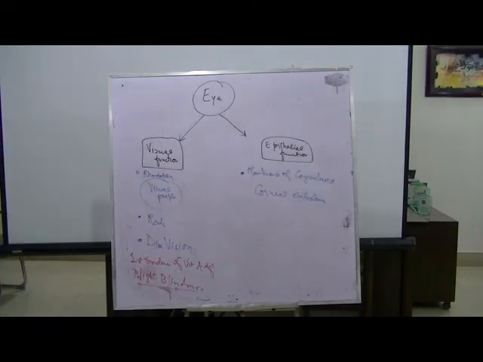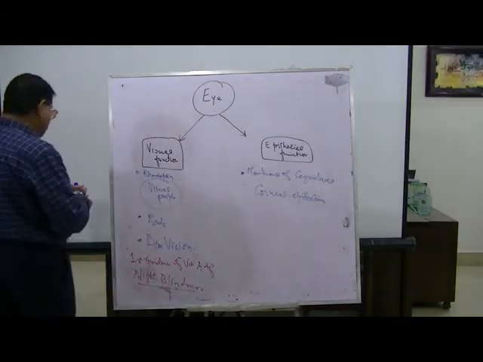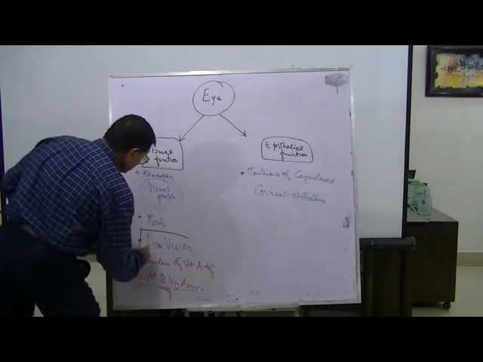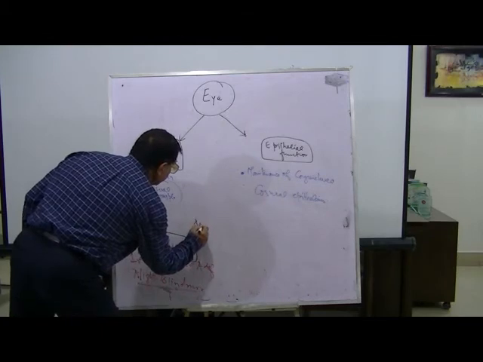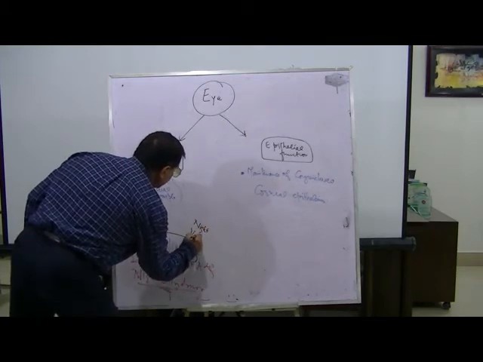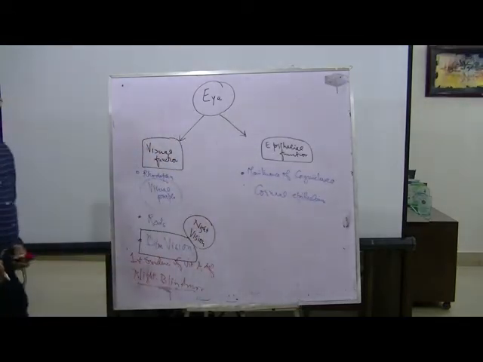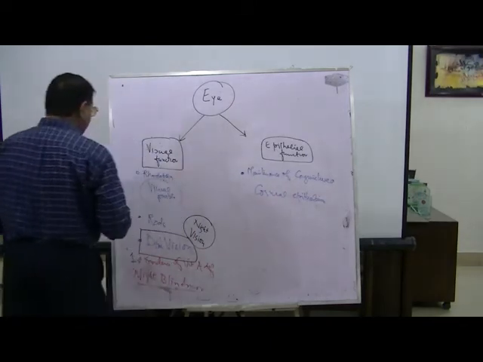One is formation of rhodopsin and dim vision, that is night vision, vision in dim light, in the evenings, at dusk, when the light is little.